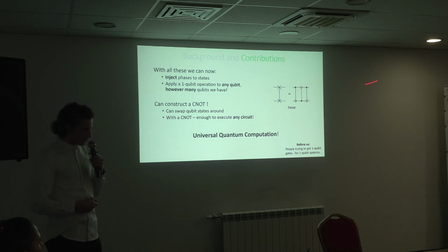The thing is, in 2 words maybe, before us, people struggled to get even 1 qubit gates for 1 qubit systems. We found a way, mostly me, my supervisors did other cool things, but this one was for me. I found a way to come up with whichever 1 qubit gate for however many qubits we have.